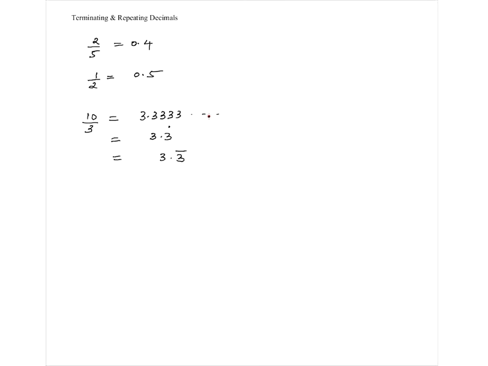For example, if you take 3 by 11, then you find that it is 0.272727 and so on. This repeating or recurring behavior can be of different types.